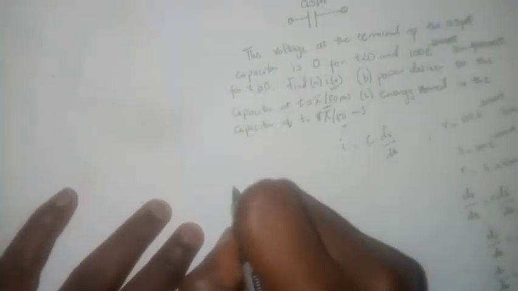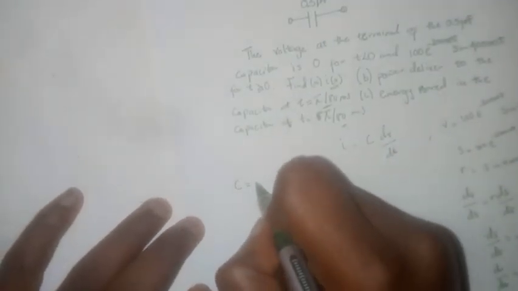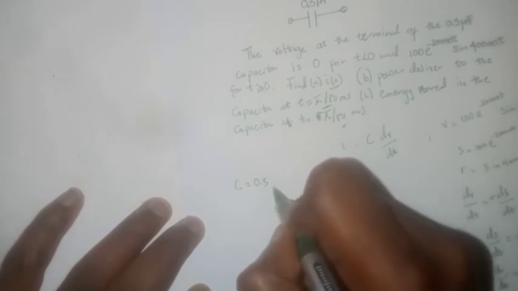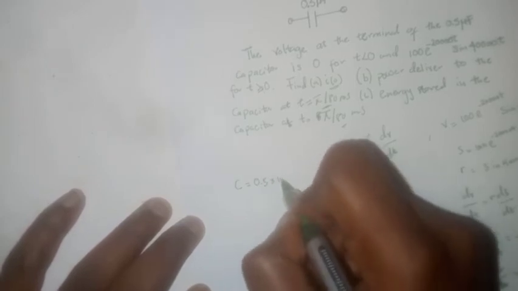we know that the capacitance C is equal to 0.5 times 10 raised to the power minus 6 farads. So we can just multiply them together to find the value of our current.